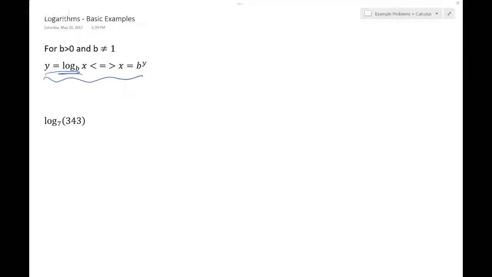So for the first problem we'll look at, we can simply rearrange it into the exponential form using the equation above. So we end up with 343 is equal to 7 raised to the y. And then we can go from here by just factoring 343, which happens to break down into three 7s.